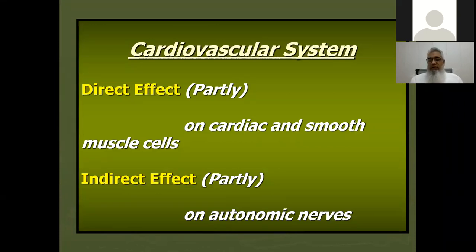Besides CNS effects, the cardiovascular system is the other system which is more susceptible to local anesthetic toxicity. These local anesthetics depress the myocardium. They depress the automaticity of the conduction system of the heart. So there may be bradycardia, heart blocks, and all local anesthetics cause vasodilatation except cocaine. This is an MCQ.